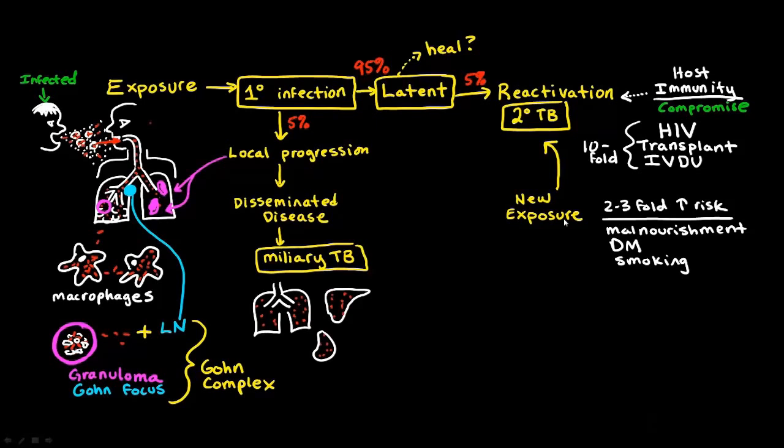And then once you get that new exposure or the reactivation of your own latent TB, you can progress down the same pathway of symptoms. Exactly. You can have local progression, as you've indicated, or if you're severely depressed immunologically, you may get more of the disseminated infection, including the miliary pattern and so forth.